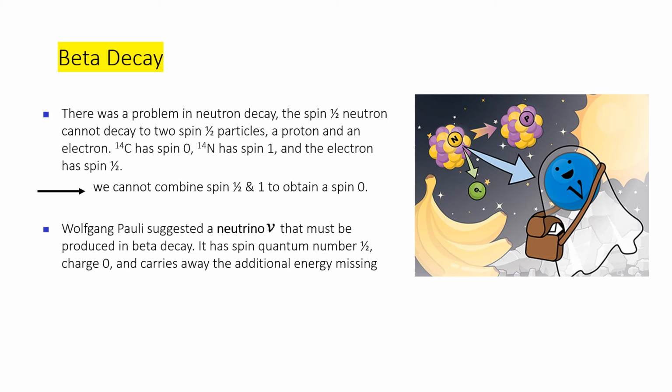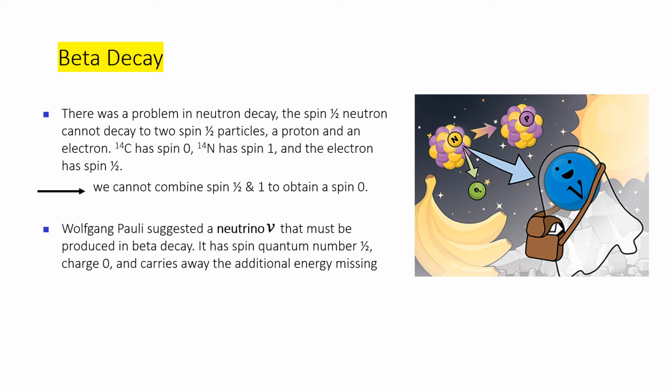Also, your carbon-14 has a spin of 0, nitrogen-14 has a spin of 1, and the electron has a spin of 1/2. We cannot combine the spin 1/2 and 1 to obtain a spin 0, as you can see. Both the electron energy spectrum and the spin angular momentum conservation pose major difficulties with our understanding of the beta decay.